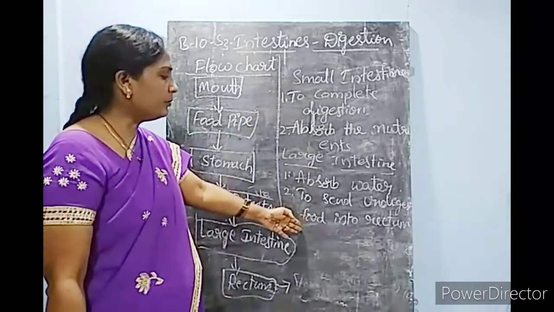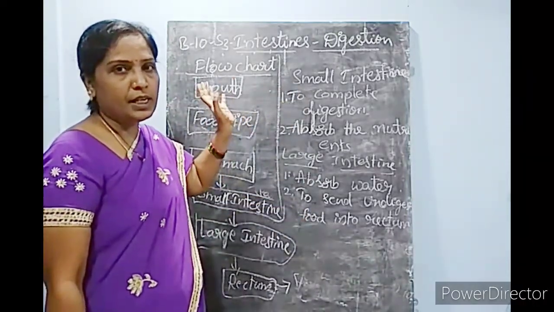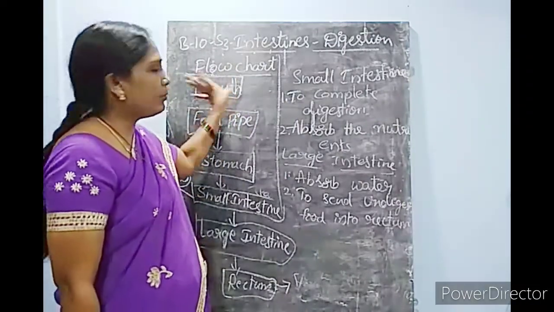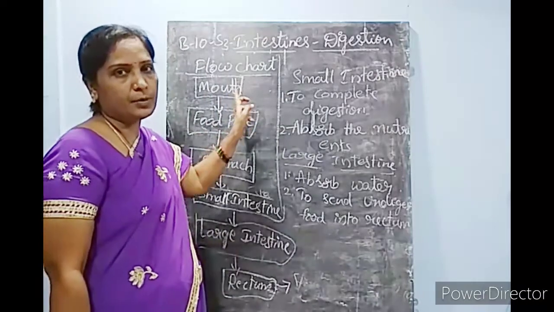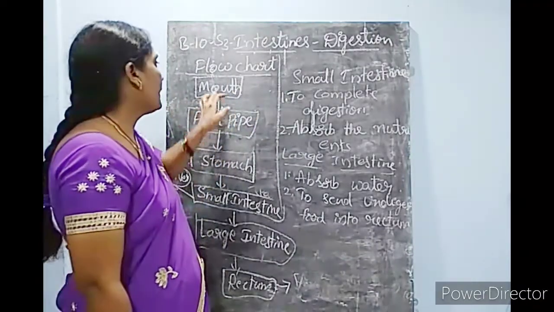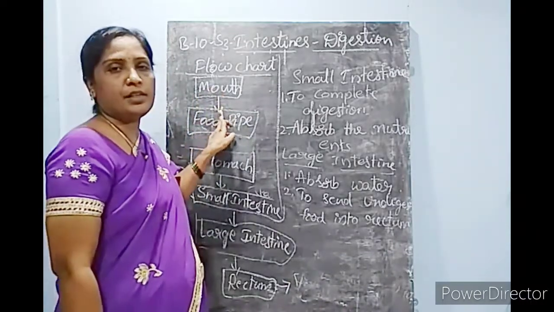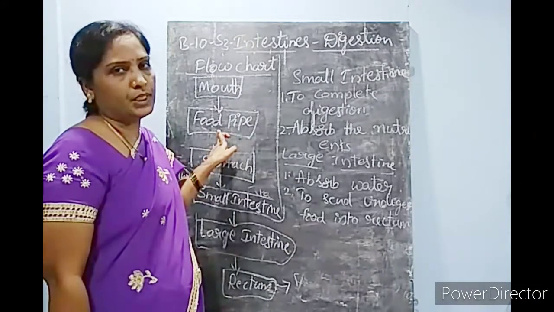Instead of a diagram, you write the organ name and draw a box that shows which organ is coming in this process. First stage, which organ is coming. The arrow marks indicate from this organ to where it moves.